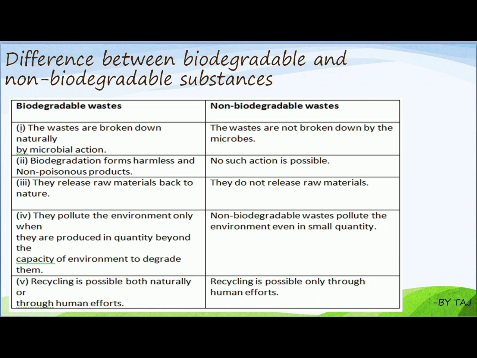So coming to the difference between biodegradable and non-biodegradable substances, that you have to learn properly. First I will discuss biodegradable waste. The wastes are broken down naturally by the action of microorganisms. Second, biodegradation forms harmless and non-poisonous products.